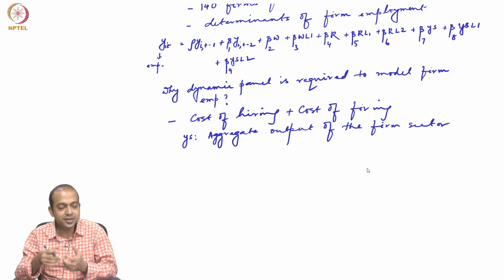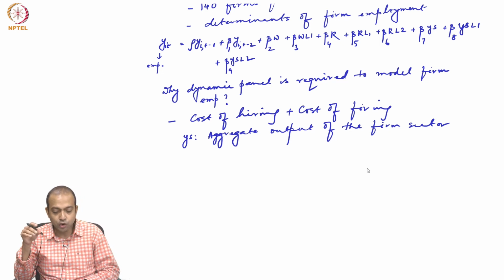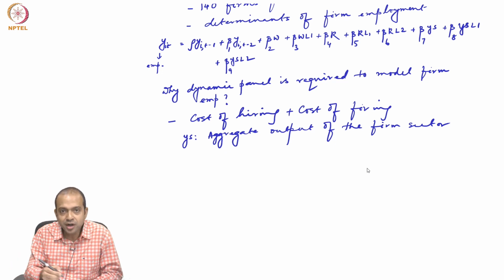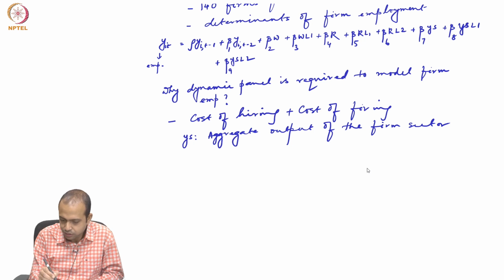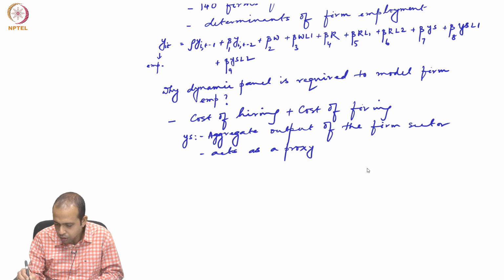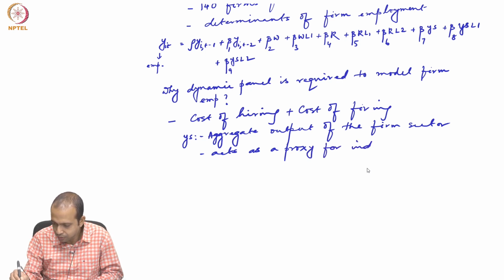And why am I adding this aggregate output? Because aggregate output of the firm sector basically acts as a proxy for industrial demand.